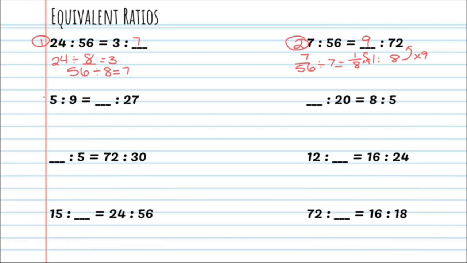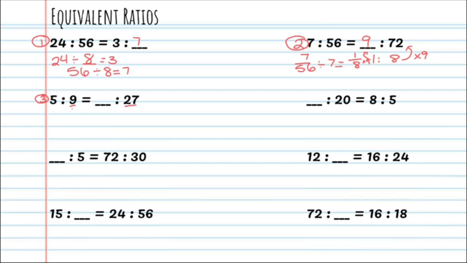All right, let's come down here and look at number 3. We have the starting ratio of 5 to 9. That is our simplest form, so we know we are starting with our simplest ratio. Now we're going to relate our 9 to our 27. 9 times what gives us 27?